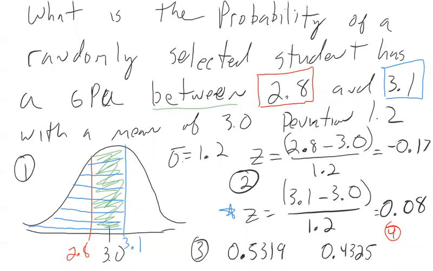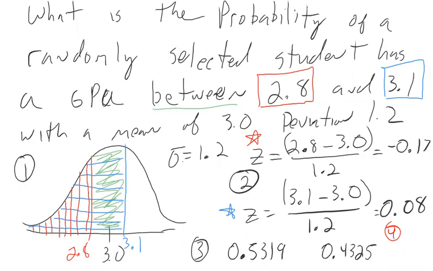Now, if I go with my other z-score I calculated, I'll put a red star by that one. That is everything to the left of 2.8. So if I take out that spot that is colored red and blue, that will leave me only the green piece left, correct?